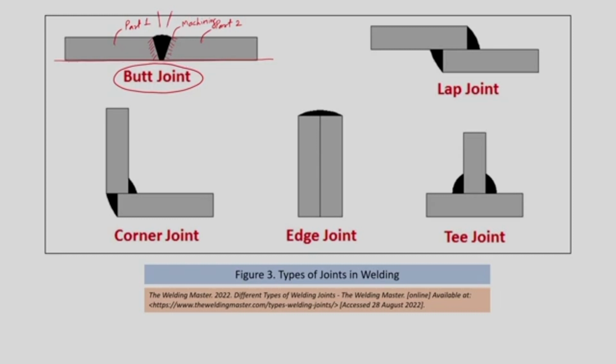So, this is called the butt joint. Here two materials are adjacent to each other, in the same plane. These types of butt joints are basically used in fabrication of structures and also to join piping systems.